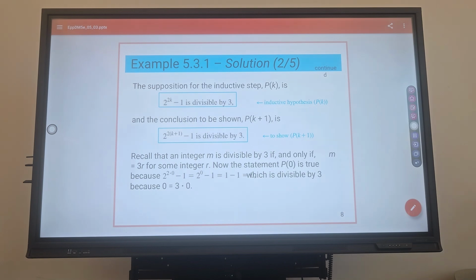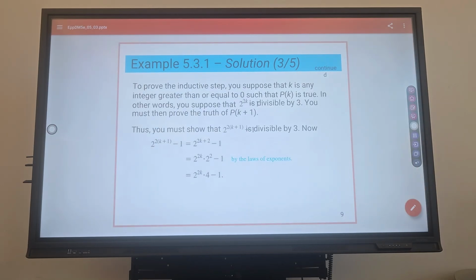Recall that any integer m is divisible by 3 if and only if m equals 3r for some integer r. Now the statement P of 0 is true because 2 to the 2 times 0, minus 1 is 2 to the 0, or 1, minus 1 equals 0, which is divisible by 3.